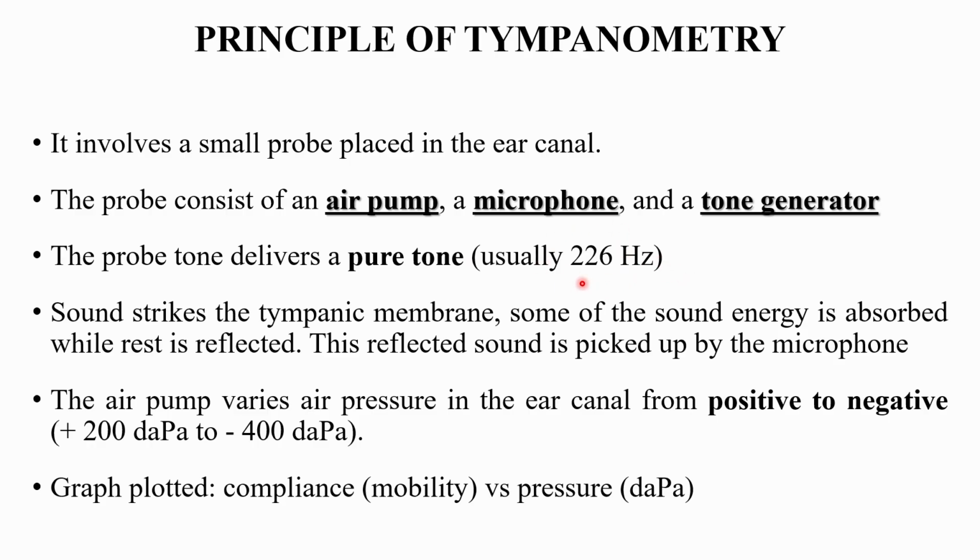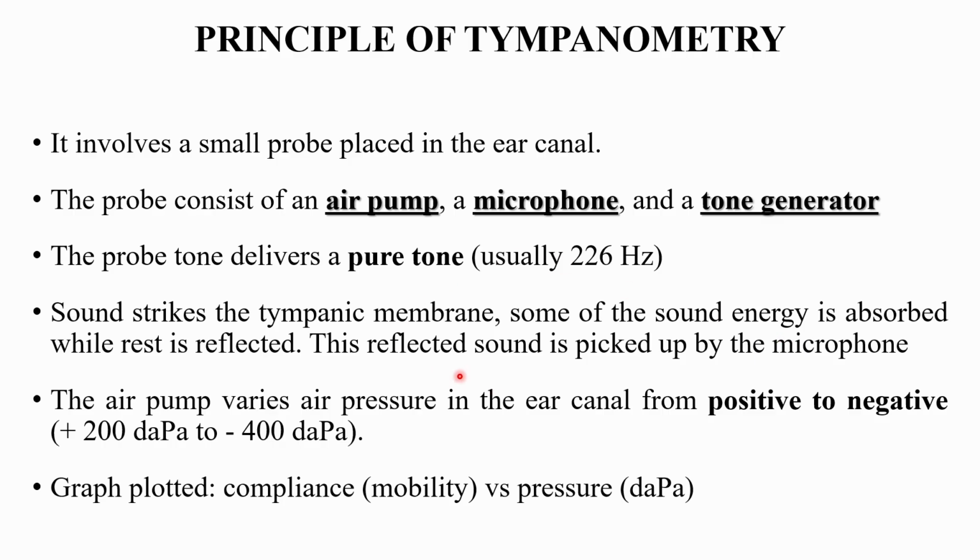Previously it was 220 Hz, but now with advances 226 Hz is used, which is considered more specific. This sound strikes the tympanic membrane and causes its mobility. Some of the sound energy is absorbed while the rest is reflected back.